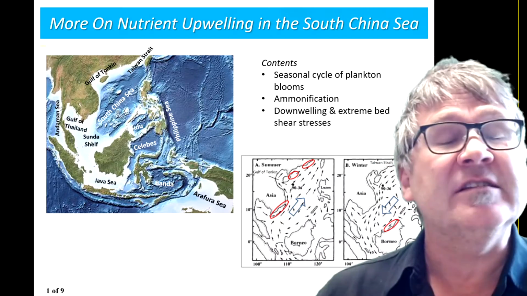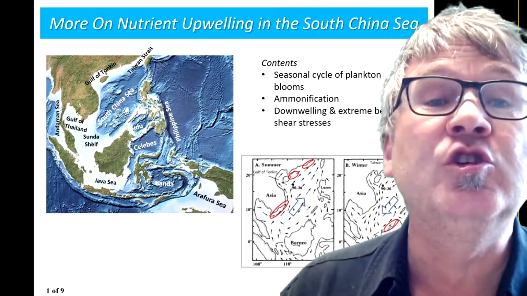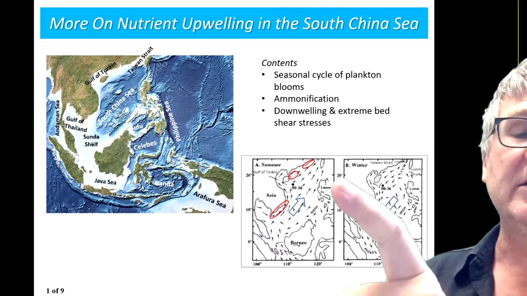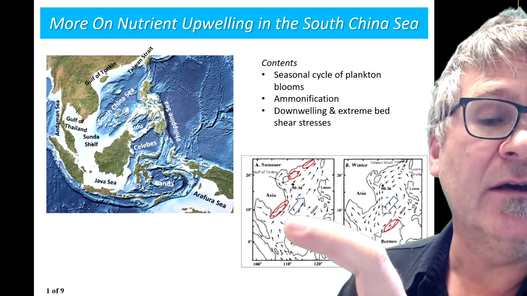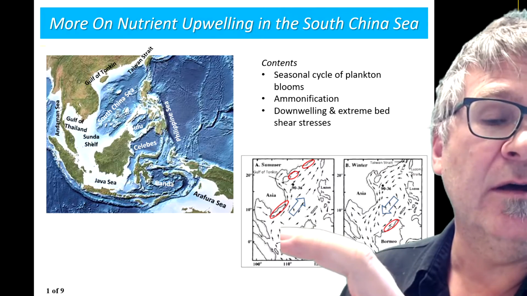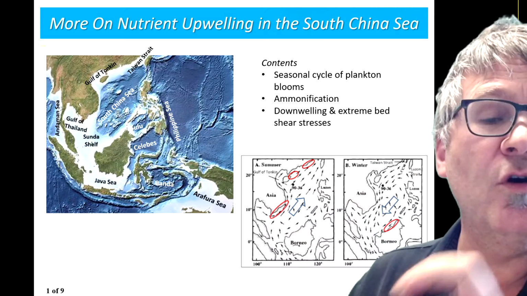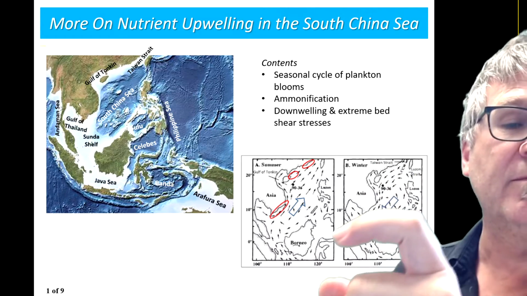So the South China Sea is an area that experiences the monsoon winds, seasonal variations, which are illustrated in these maps next to me. Here you have a summer monsoon, this southwest monsoon, and you have a northeast monsoon during wintertime. You have a reversal of the winds.